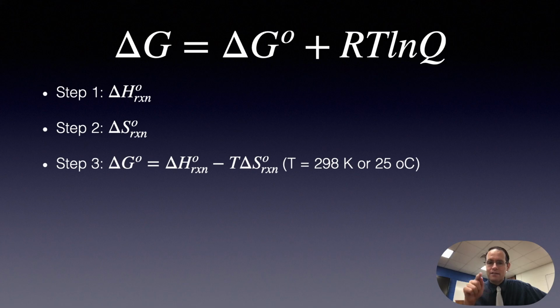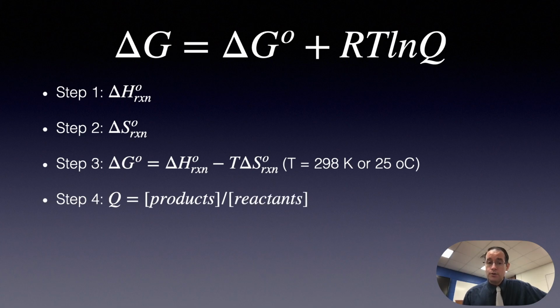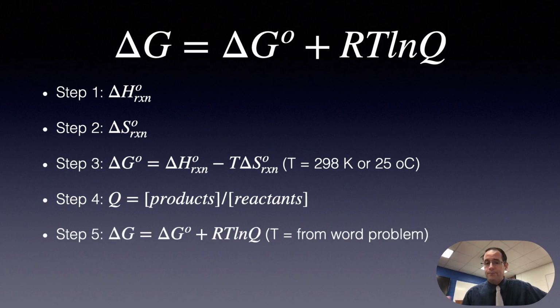And that's how you get the delta G with a little circle there, okay? Now that you have that, you can calculate Q. Q is products over reactants, as usual, right? And then you can use the equation at the top of this slide.